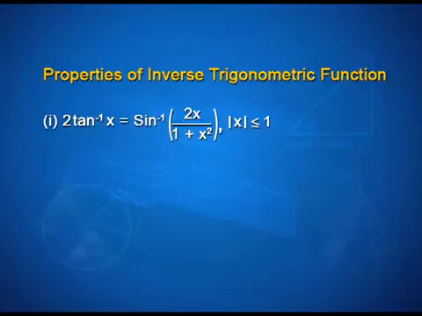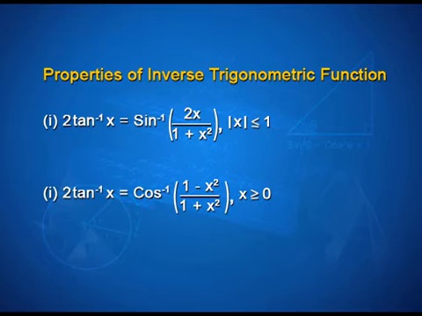The last, the sixth property in your textbook, suggests that twice of tan inverse x is equal to sine inverse of 2x by (1 plus x square), where again there is a restriction on x for the function to be defined. So, mod of x is less than or equal to 1, and twice of tan inverse x is cos inverse of (1 minus x square) by (1 plus x square), where x is greater than or equal to 0.